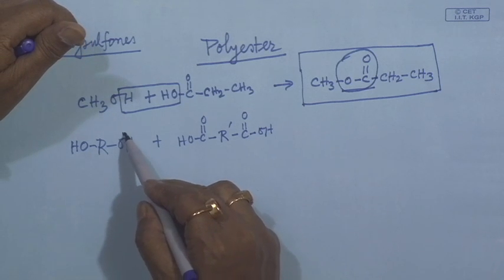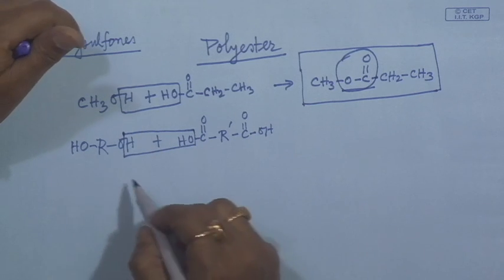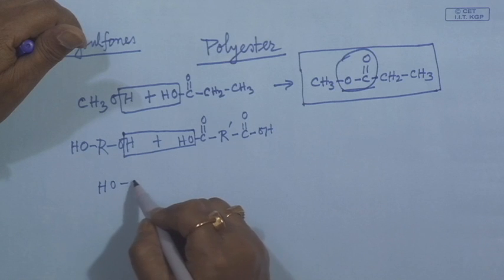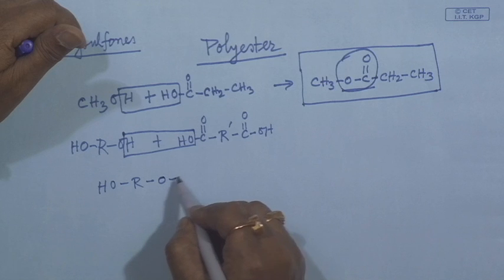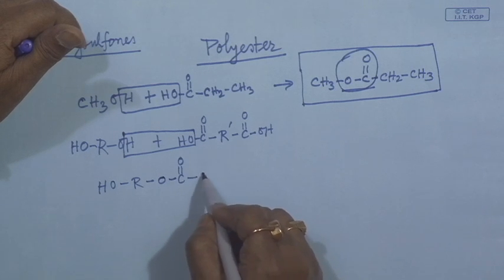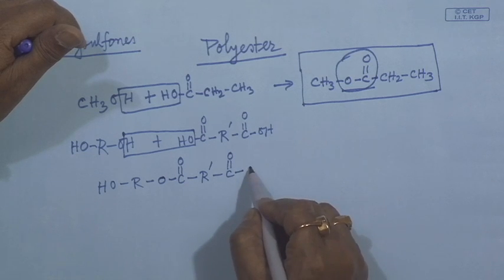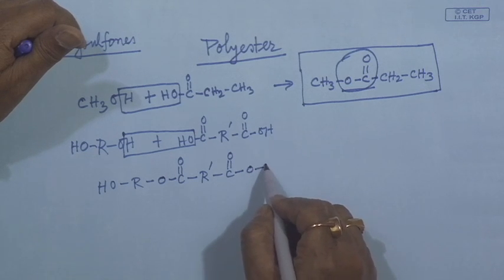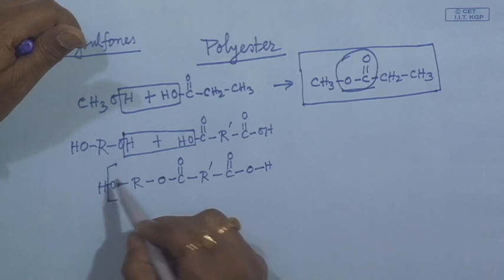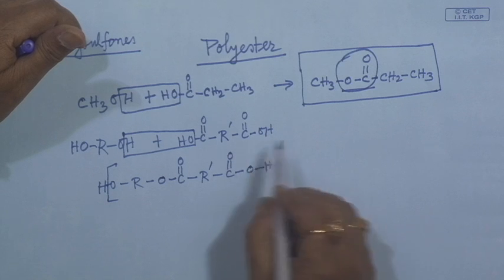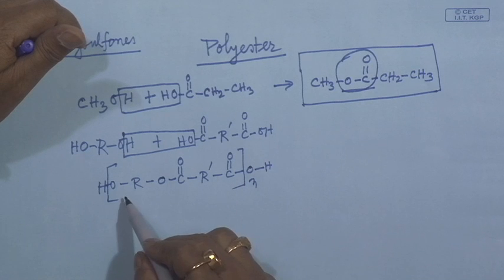Here also this condensation occurs between this acid and alcohol to form this ester linkage. This is the repeat unit, this is the ester.